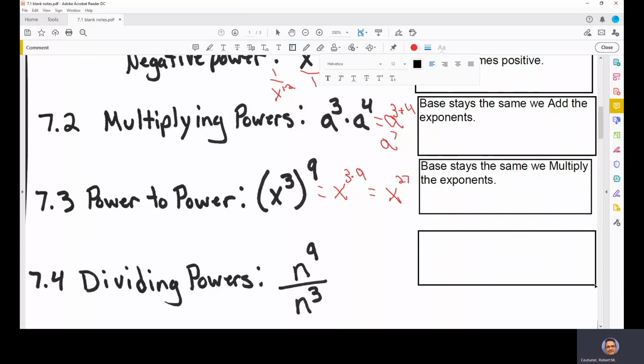And the last one. Again, base stays the same. Only this time we are going to subtract the exponents. And this one here, I'm going to add a special note. Do the subtraction wherever the largest exponent is.